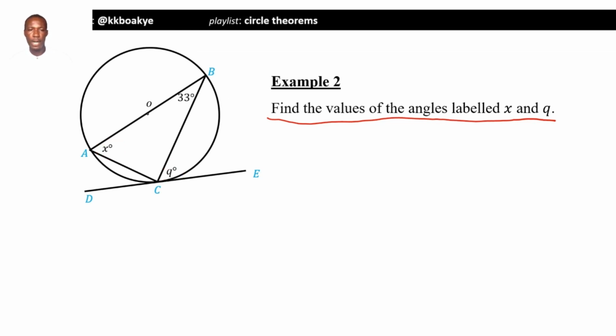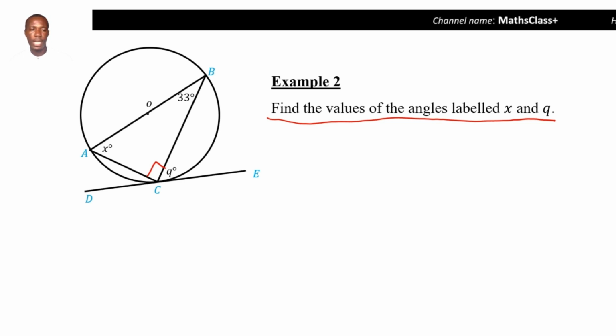Now let's look at the diagram. We can see that line AB is a diameter and AB is subtending an angle at C. And if you remember theorem 2, this angle will be 90 degrees.